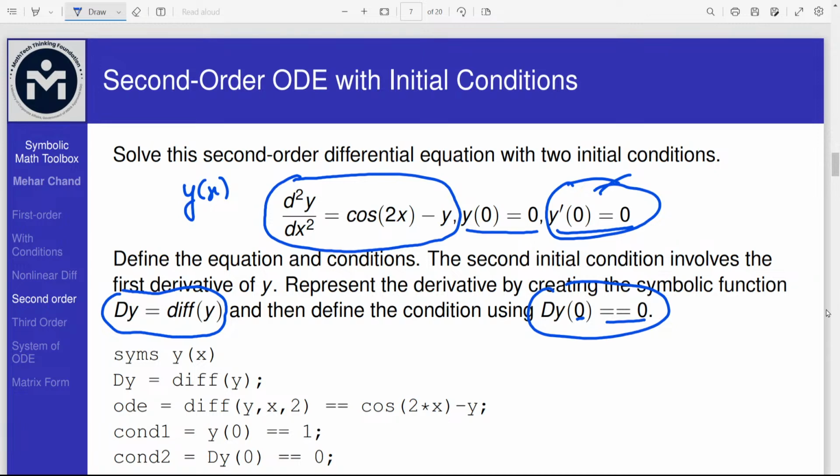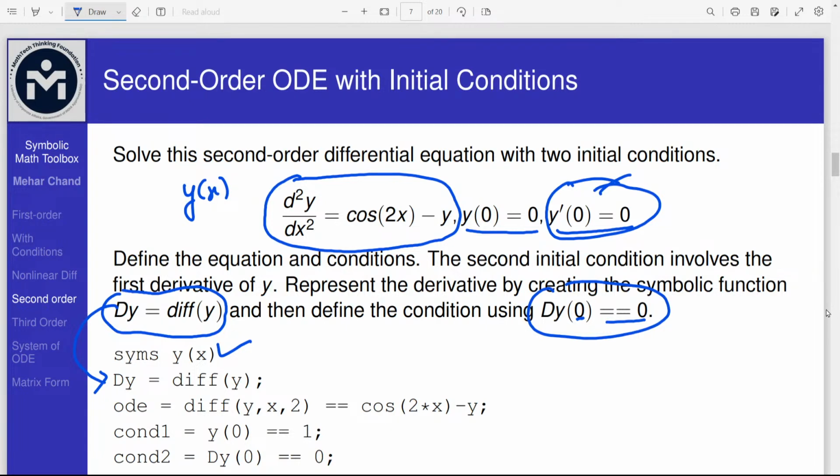So the symbolic variable will be y(x). In the very first statement, we have the symbolic function, which is y(x). Then we need this statement, dy is equal to diff y. This is the first order, or you can interchange the statements.